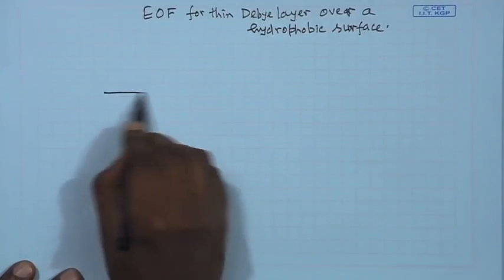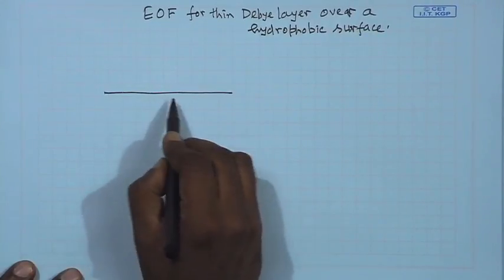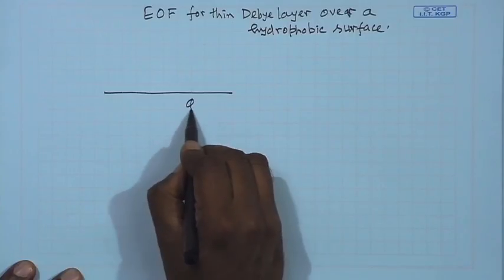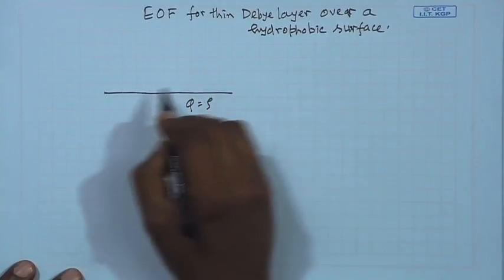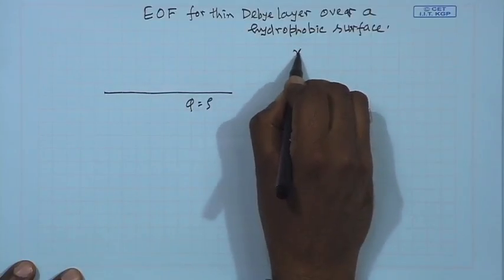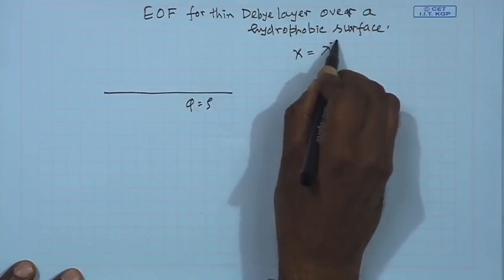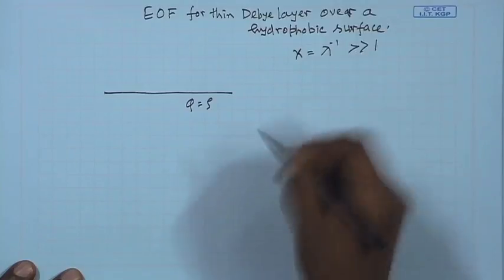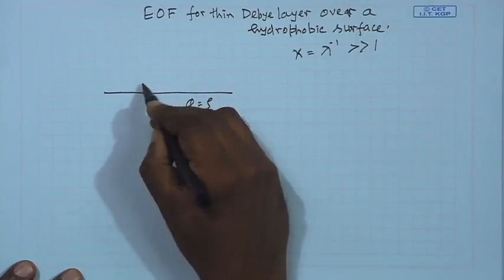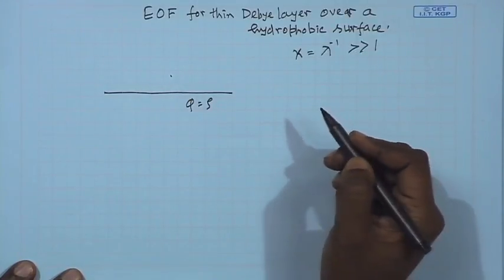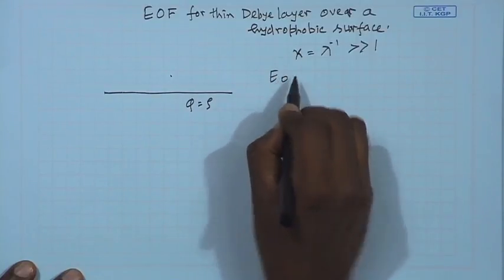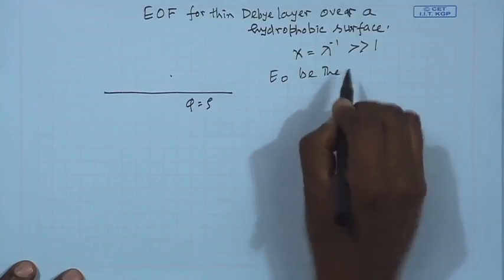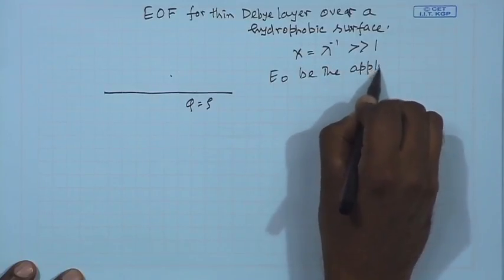You have a surface with potential phi equal to zeta, and the Debye length is quite small. Kappa is the lambda inverse, which is quite large, and outside the Debye layer the flow is as follows. Let E0 be the applied electric field tangential to the surface.